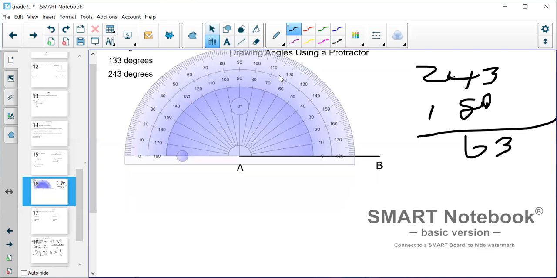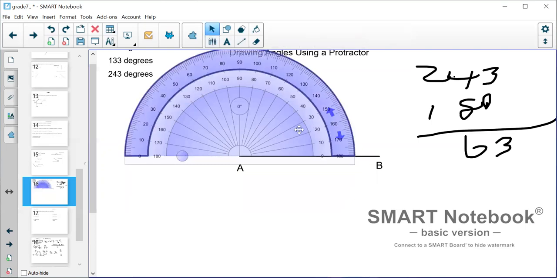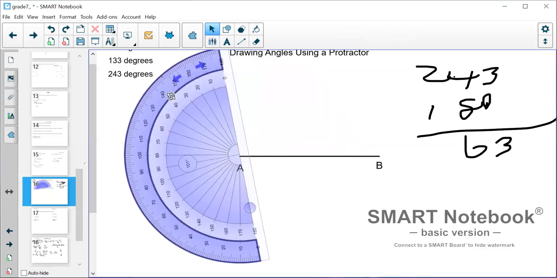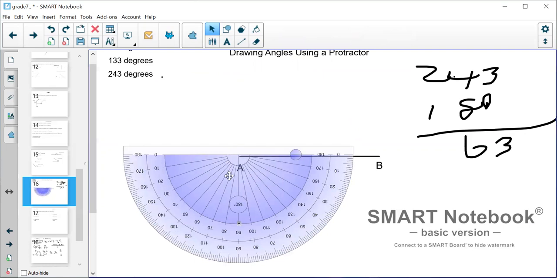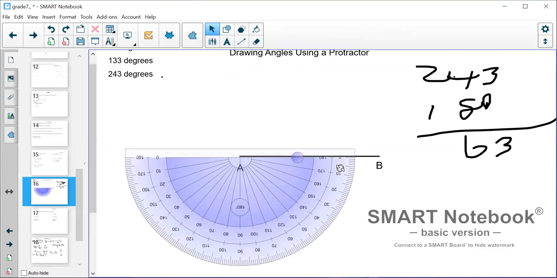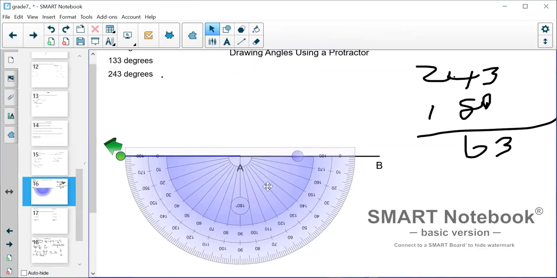All right, so what you do in this case, you upturn your protractor, or in other words, you turn it upside down. And you ensure that you set it properly, ensure that the baseline is on top of your line. All right, and then you find this 63.